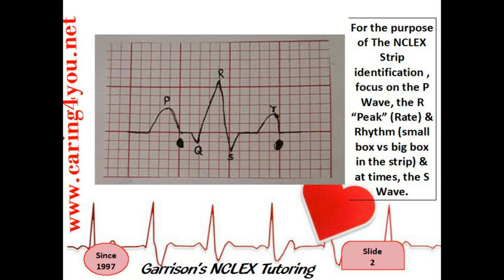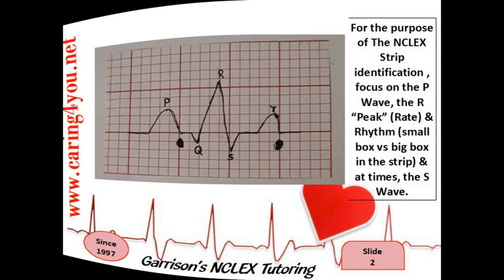Five of these small boxes make up one big box. I'll get into that. So focus on the P wave, the R wave, the rhythm, which is the small box versus the big box in the strip, and at times the S wave. This is all I want you to focus on when identifying the NCLEX cardiac strip.